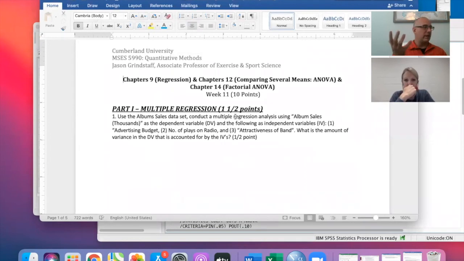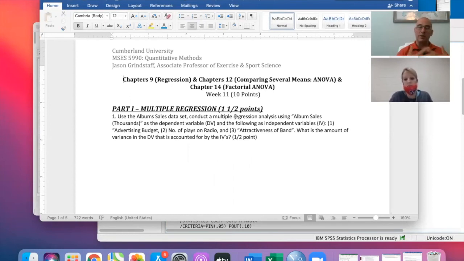In other words, with this album sales data set, they collected data on a variety of different variables. For example, what was the company's advertising budget? How many airplays did a particular song get? For a band, they gave people questionnaires or surveys and asked them, on a particular scale, maybe 1 to 5, how attractive is the band?